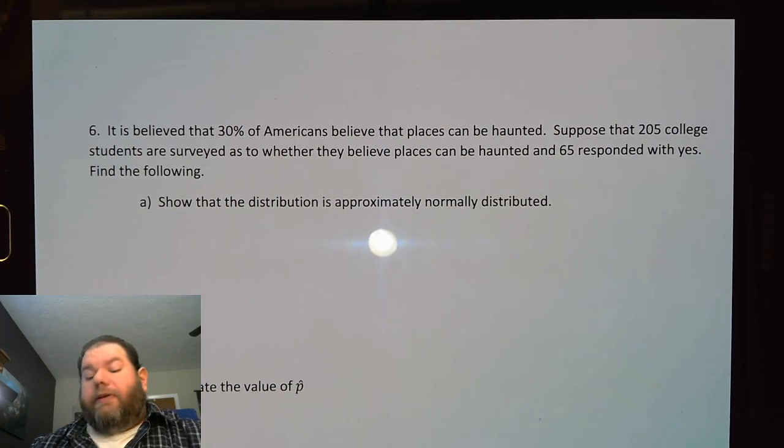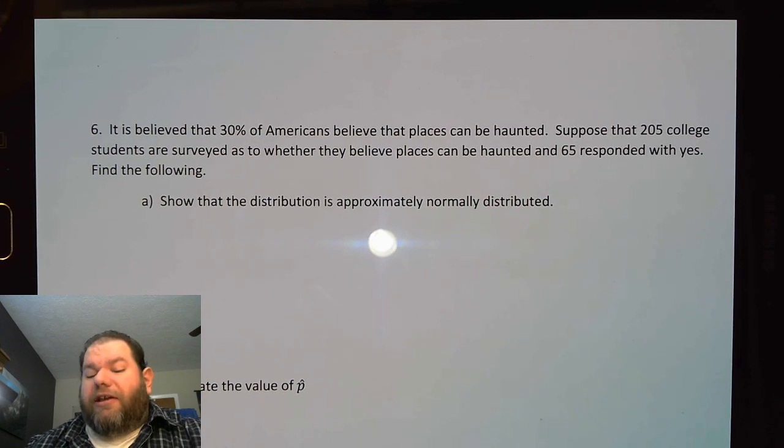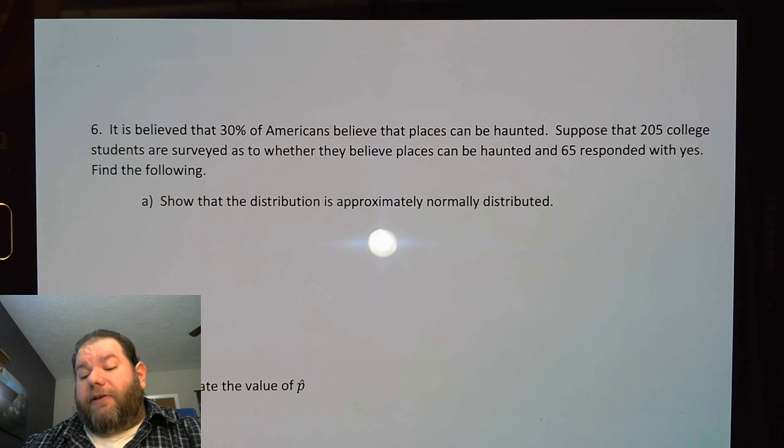So problem 6. It's believed that 30% of Americans believe that places can be haunted.